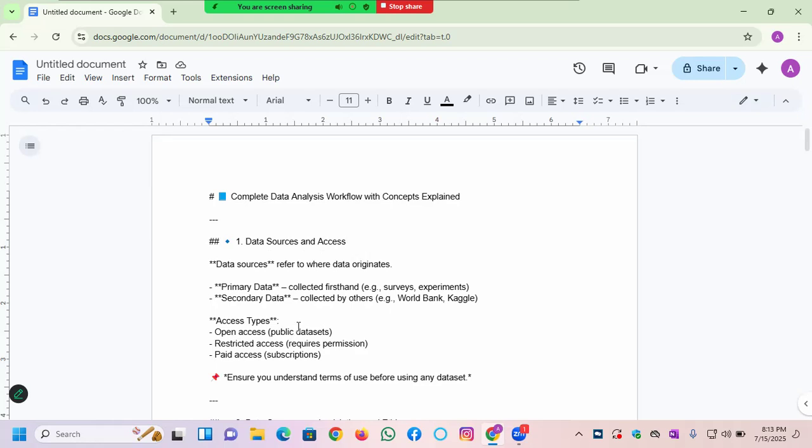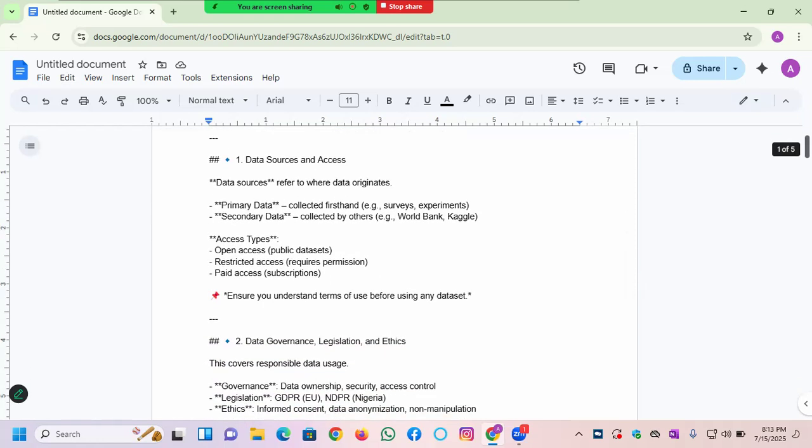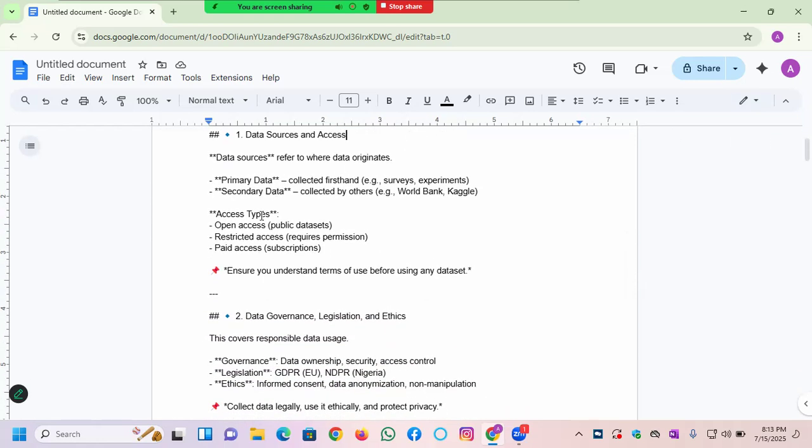Now, when we are talking of data access, what are we really talking about? We have different types of data access. Part of it is open access. We have some data that are open to the public. That's what we mean by open access data. Then we have restricted access. You have some data that only a specific set of people have access to, not just everybody, unlike open access data that everyone has access to.